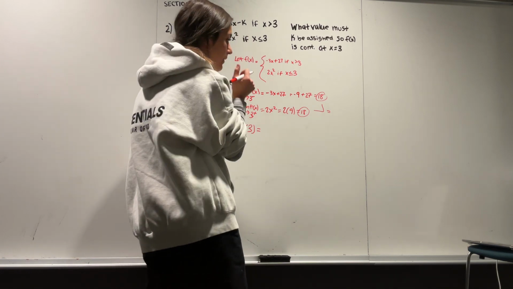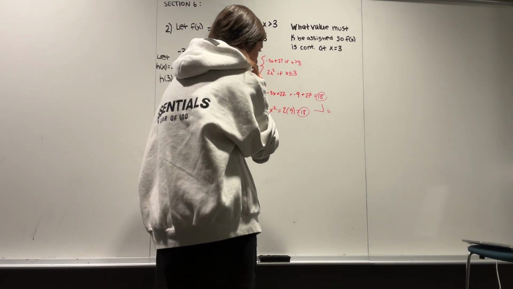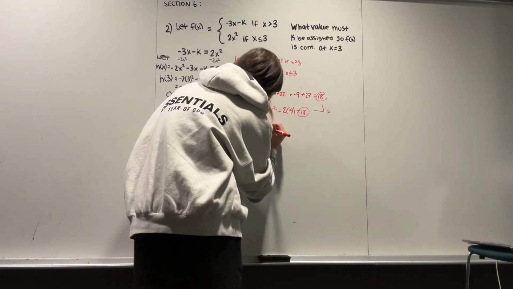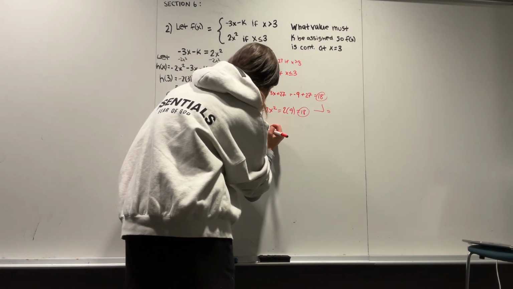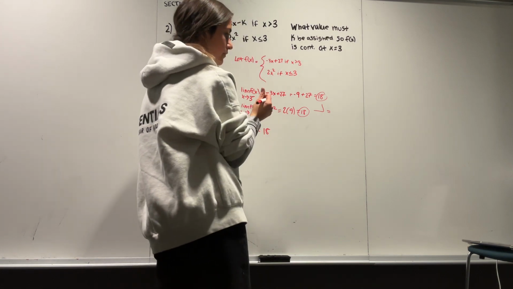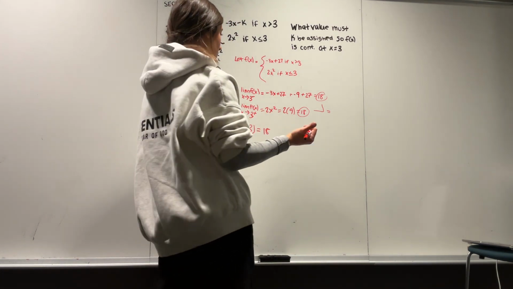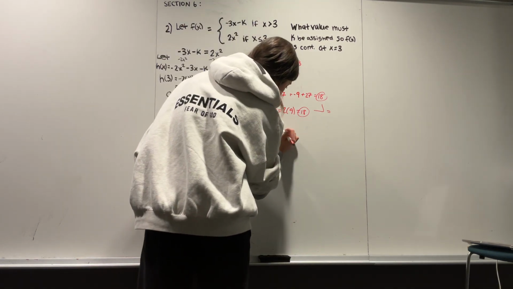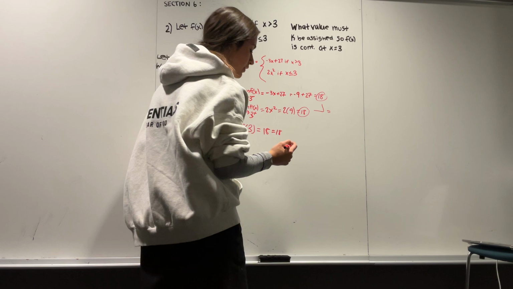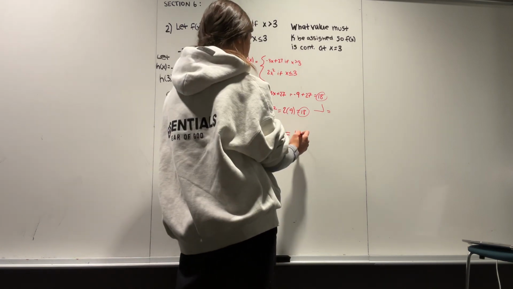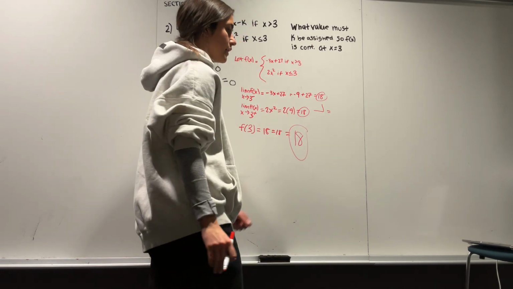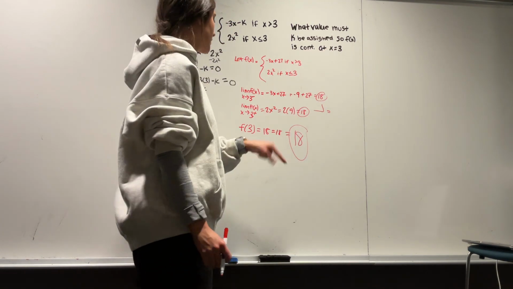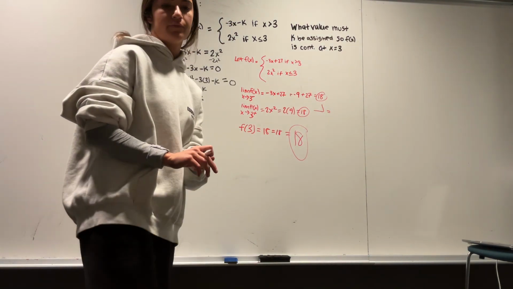It's gonna be 18, because that's gonna be the one from the left, and then it's also gonna be equal to 18, as I said earlier. So the final answer should be 18, and it will be continuous at x equals 3, because we get the same value for both. That's it.